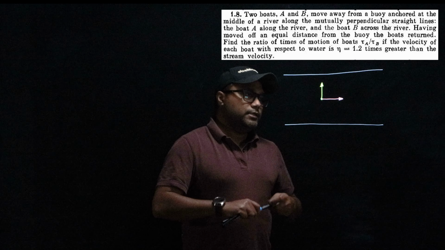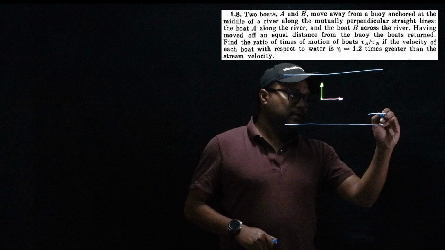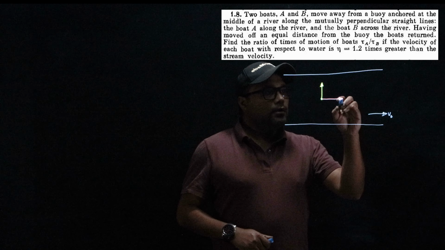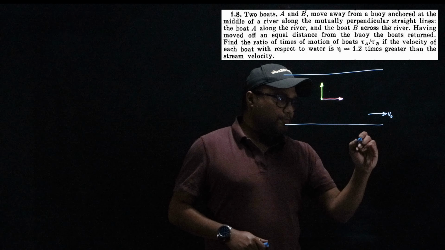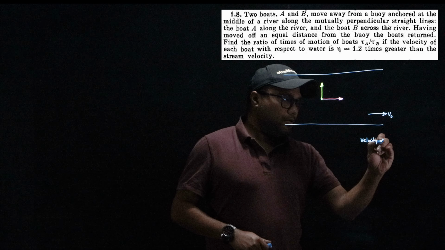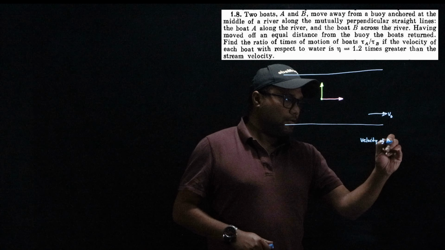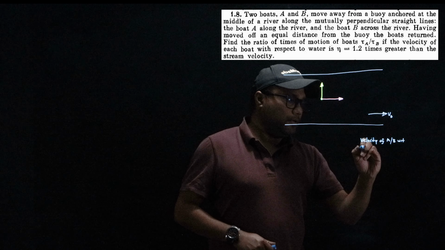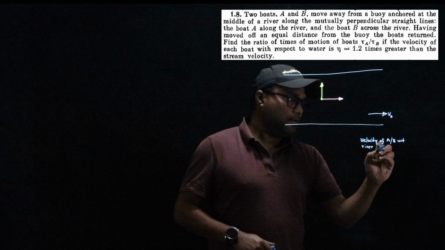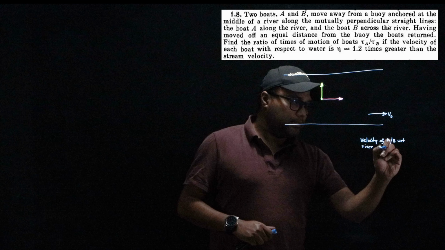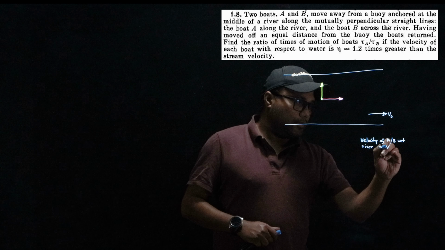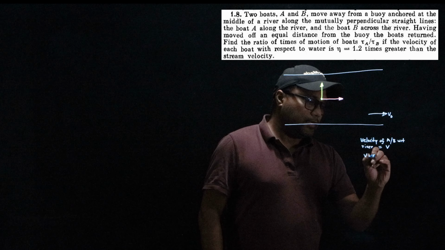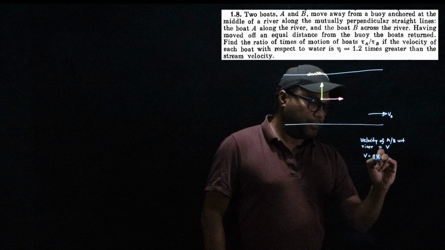Now let's assume the velocity of the river is v0. The velocity of A or B with respect to the river, let's assume that as v. v is nu times v0.